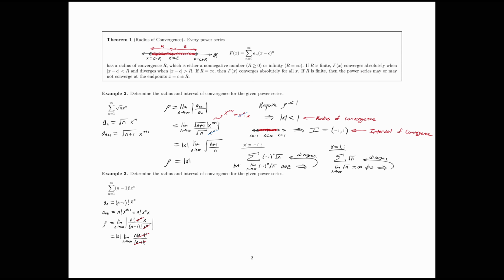What's left over here is the absolute value of x times the limit as n goes to infinity of n. Well, as n goes to infinity, n goes to infinity. So infinity times the absolute value of x is equal to infinity. So this tells us that rho is equal to infinity, which is strictly greater than 1.